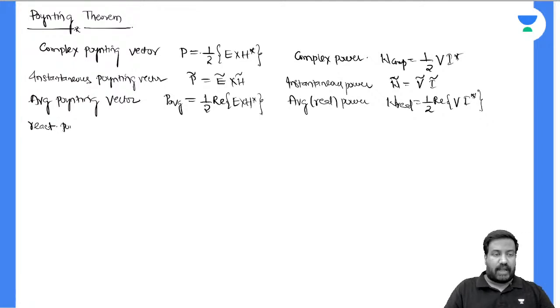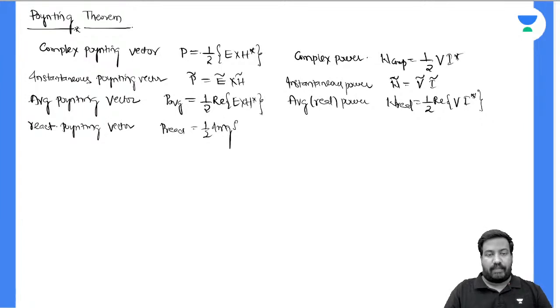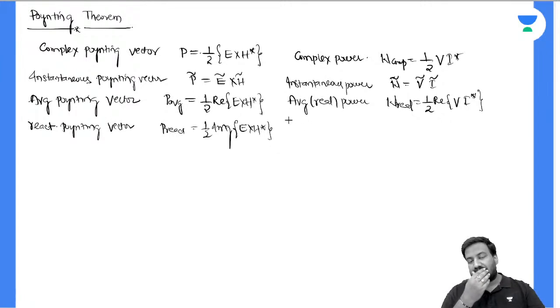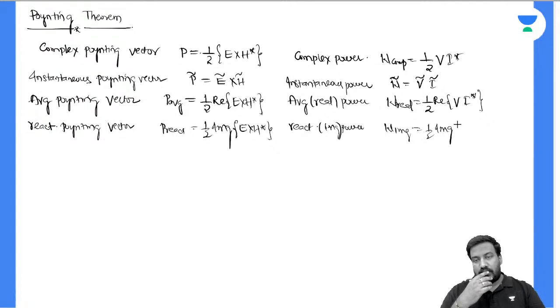Reactive Poynting vector is one by 2 imaginary part of E cross H conjugate. Reactive or imaginary power is 1 by 2 imaginary part of V into I conjugate.